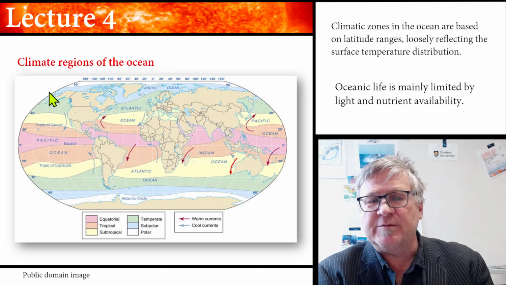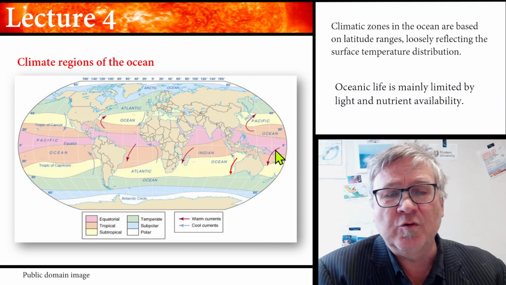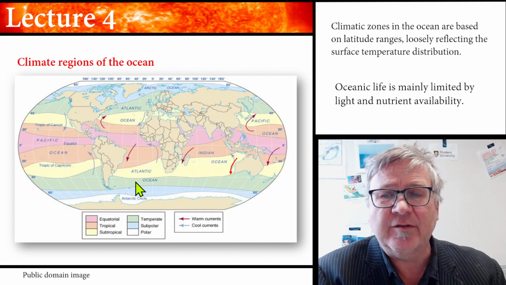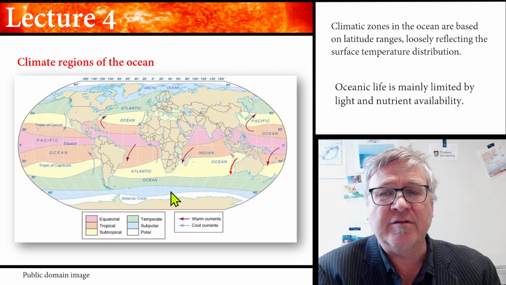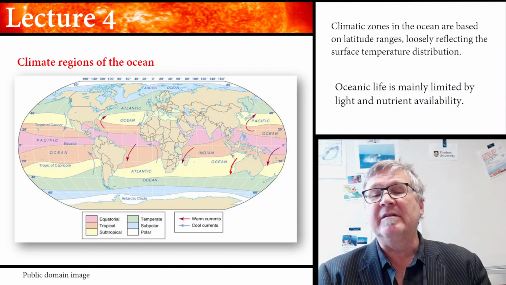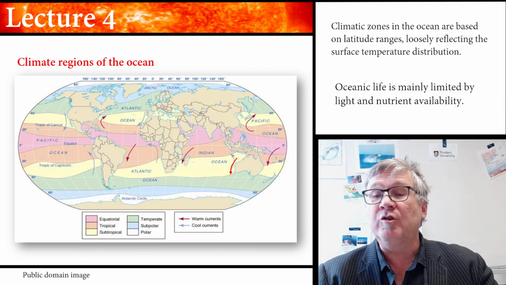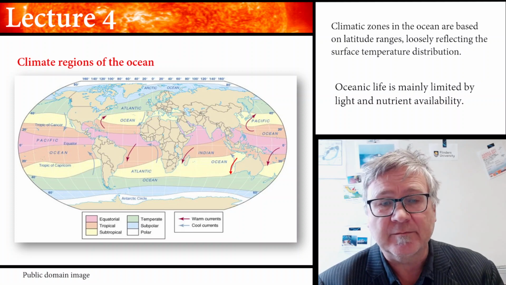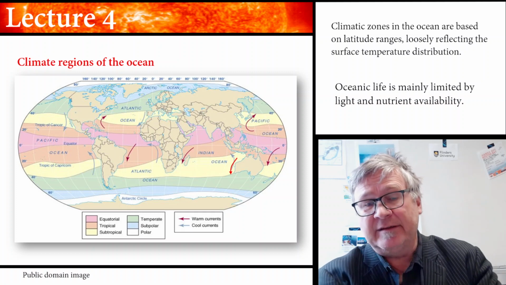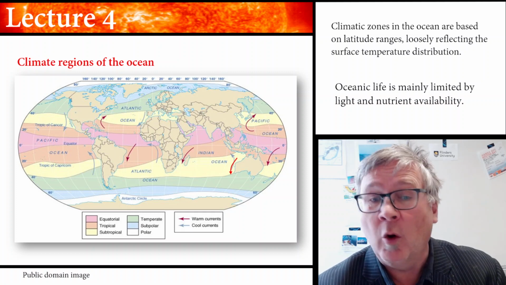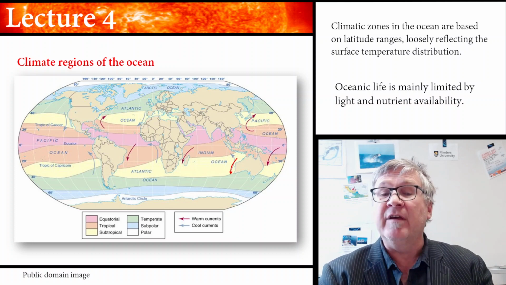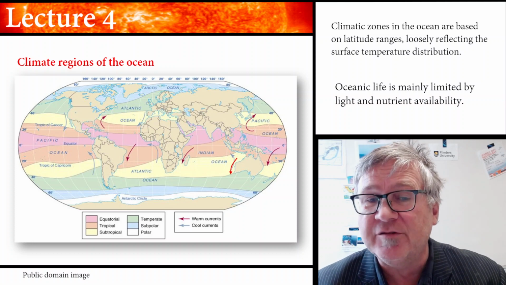So that's what you can do, and this is what's commonly used to define oceanic regions, the climates of oceanic regions. However, oceanic life is mainly limited by light and nutrient availability. And I said before that light is available in all regions, in all oceans. The intensity varies, but only in the upper 50 meters.